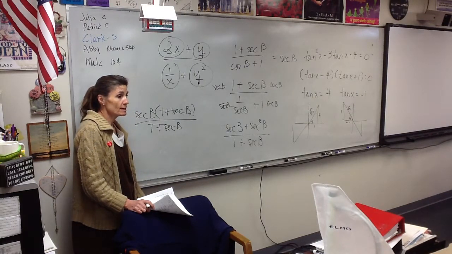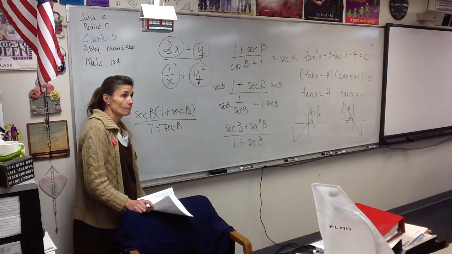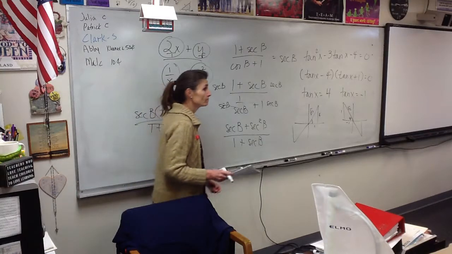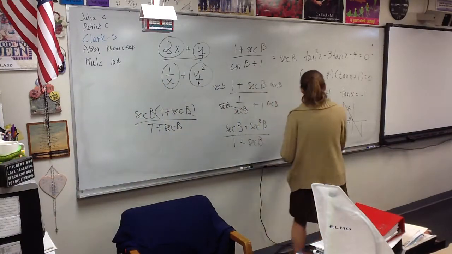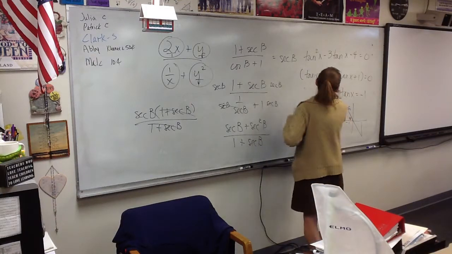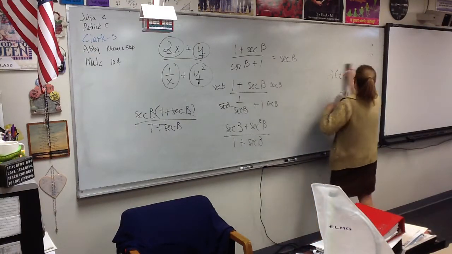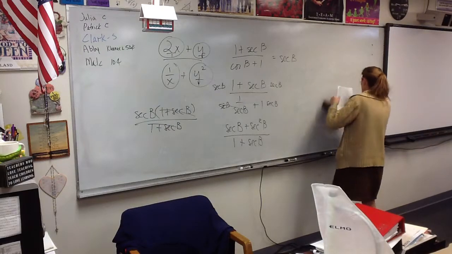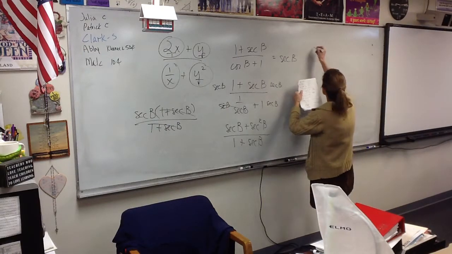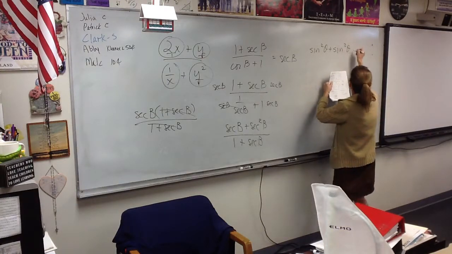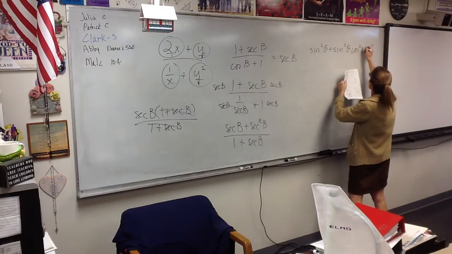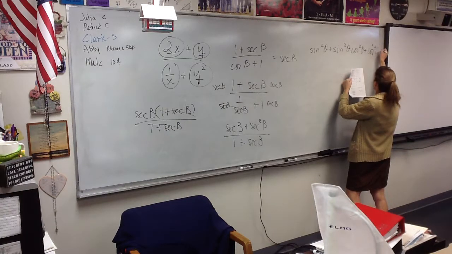Anybody else on pretest number 2? Anna, 2B, what did you do first with 2B, Anna? All right, Anna, listen to this logic. Anna's logic is she's doing 2B. Okay, wait a minute.